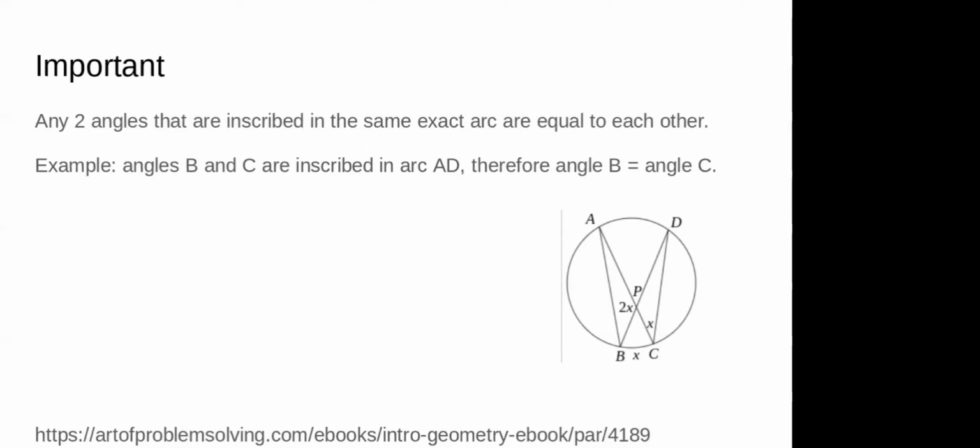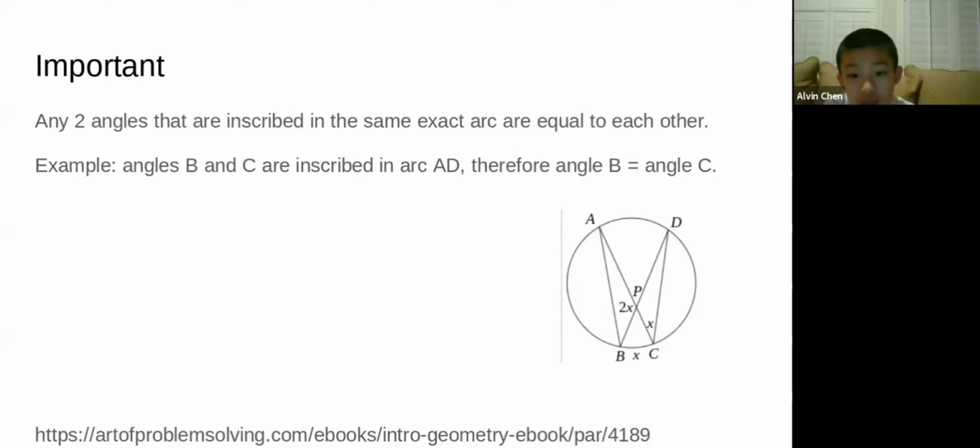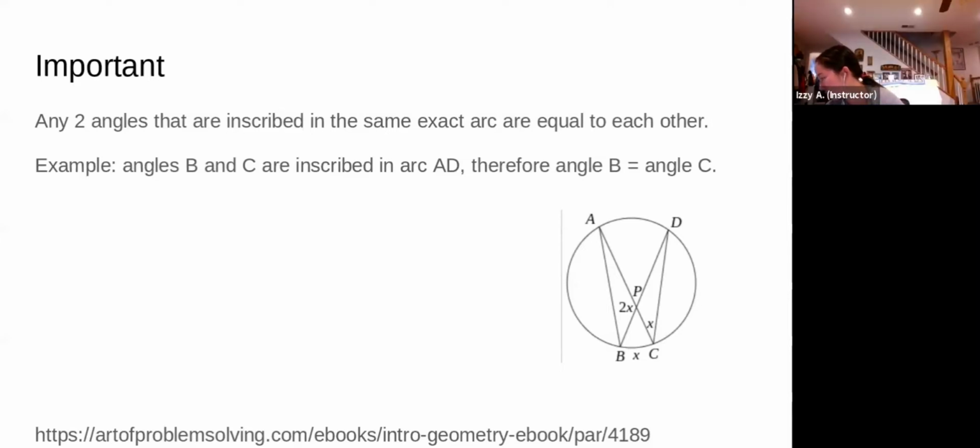So does that mean that if BP and CP are equal to each other and AB and DC are equal to each other, that means angle B and C are equal? Yeah, I'm pretty sure, because the triangles would be congruent to each other, so then the measures would also be equal to each other.